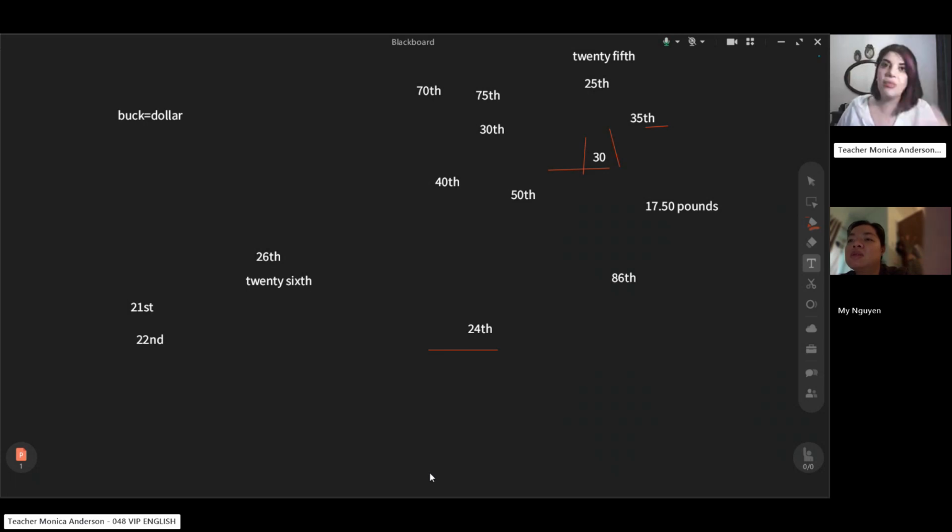The second one, because you know we have two parts, you can say 17 pounds and 50 pence. This is formal language, but in informal language it is 17.50 pounds, just this.